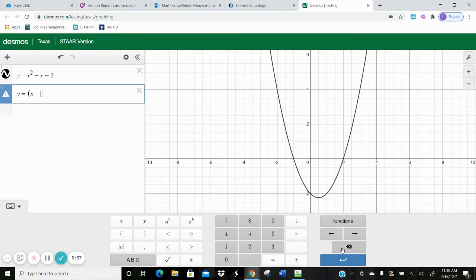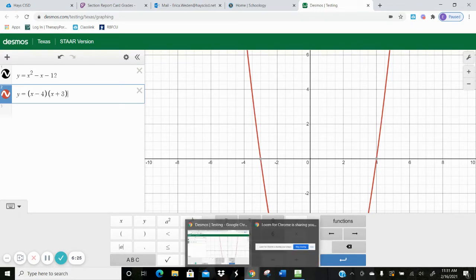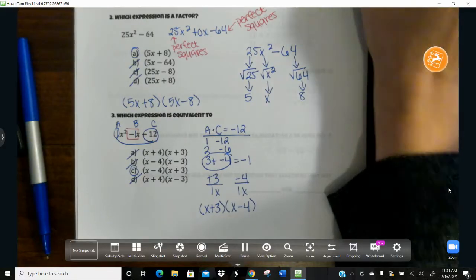Oops. And then close the parentheses and open a new one, x plus 3. Oh, I forgot to put the 12 here. That's what it is. And they should overlap. Okay, so that's how you can check your answers, or put in all the answer choices and see which one crosses. Okay, so let's go to the next one.